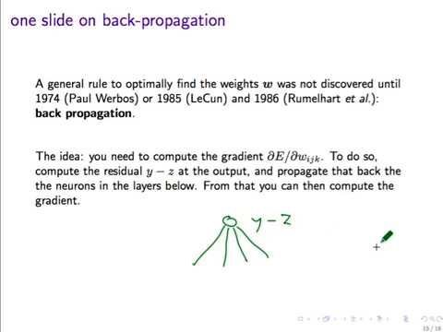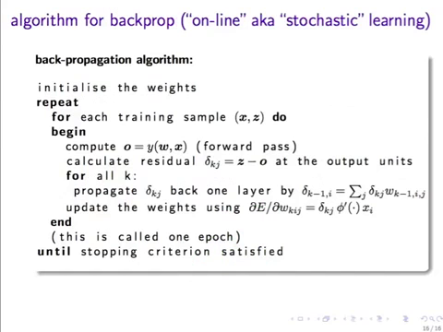For the weights to the lower layers, you first have to propagate the output error back to the neurons below it. And you do this by multiplying the error or the residual at the output with the weight leading into it to contribute to the residual in the neuron below it.